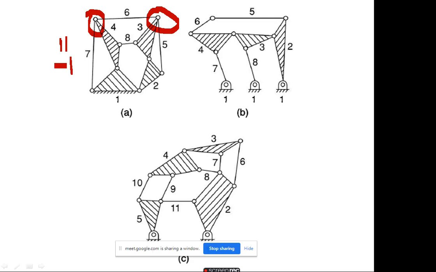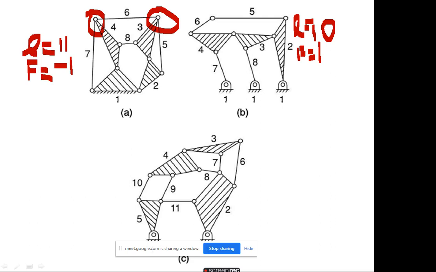We get 10 joints, and all have only 2 links connected. So the total lower pairs are 10, L is equal to 10, and the degree of freedom you get is 1. And in the first figure the lower pairs were 11 and the degree of freedom was -1.